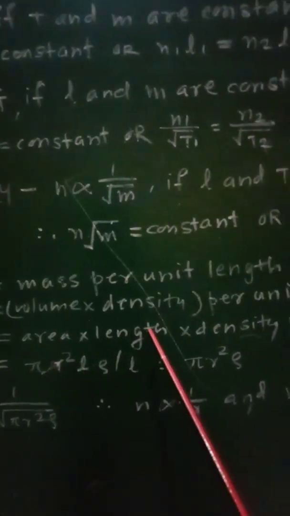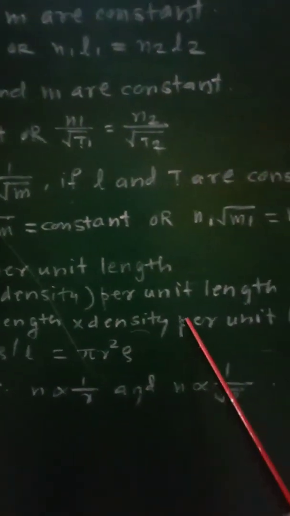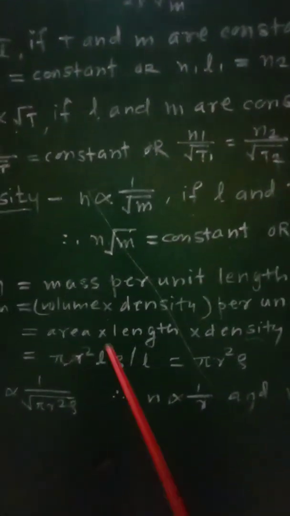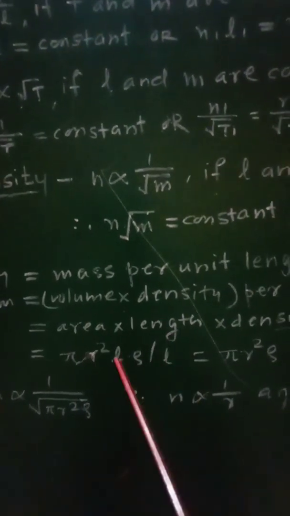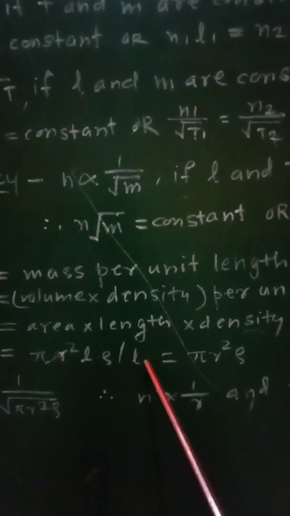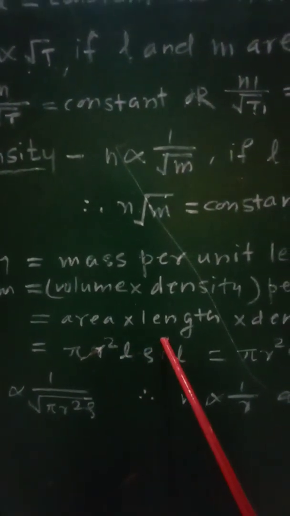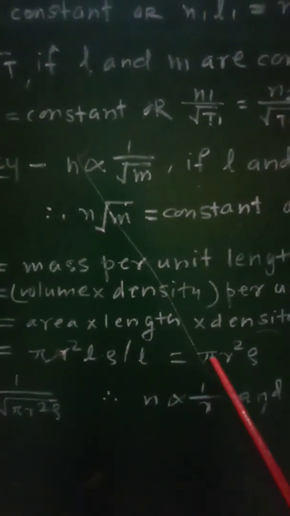So area into length into density per unit length will be written as pi r square, L, rho, upon L. So L will get cancelled and we will get pi r square rho.